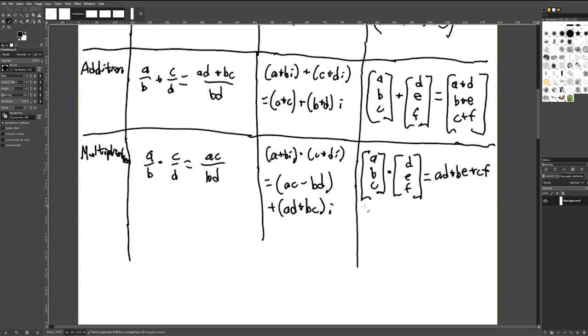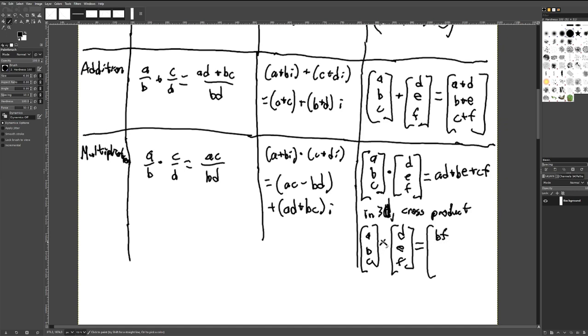There are lots of ways to multiply vectors. In 3D, you can do the cross product, which does yield another vector. abc cross def ends up being, for the top component, you ignore the top components of these, and then you multiply in an X pattern, bf minus ce.